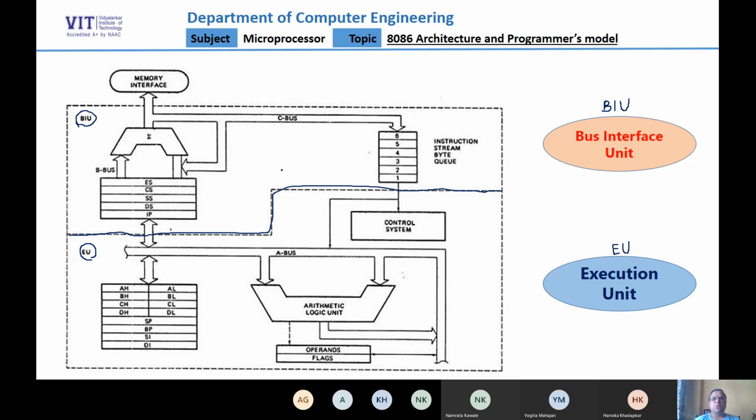So instead of jumping directly to the architecture of 8086 processor, what I wanted to first go through is this part. If you are able to see this part in the architecture along with these registers, if I discuss only this part of the processor architecture, this is something called as software model of 8086, or it is also called as programmer's model of 8086.